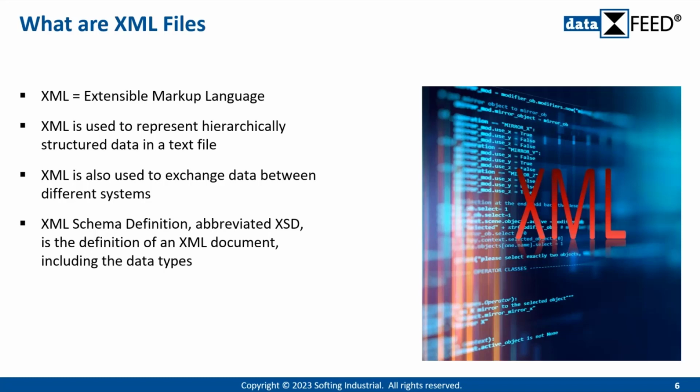XML is used for representing hierarchically structured data in a text file. The main benefit against a normal text file is this structured and hierarchical functionality of the XML file. XML is also used to exchange data between different systems due to the fact that it's a really good file format.